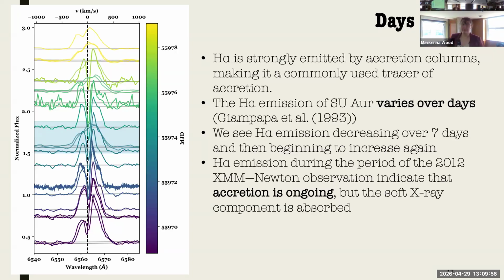That blue strip in the middle covers the observations that were taken during the XMM Newton observation. And so we can see from the H alpha emission that there is accretion occurring during that observation, although we can't actually see it in the XMM Newton data, which suggests that the soft X-rays from that are being absorbed by something.